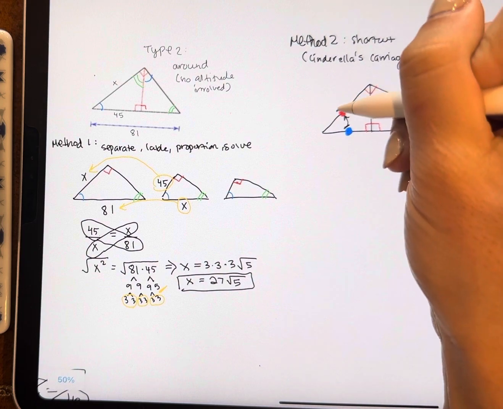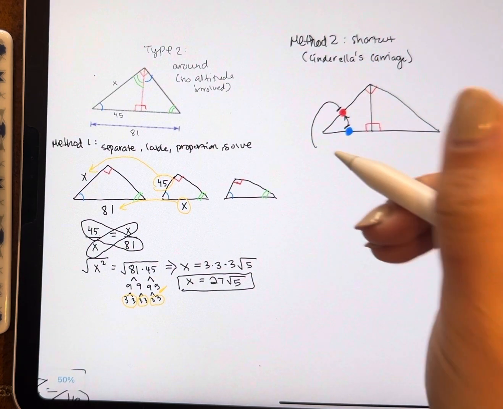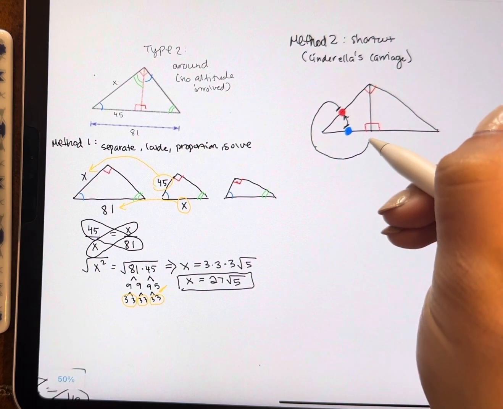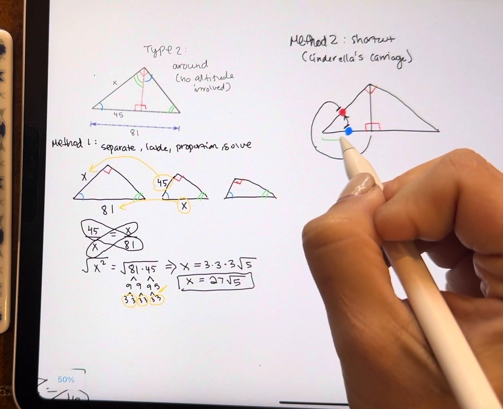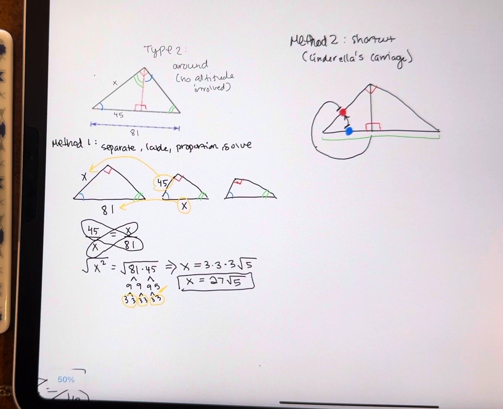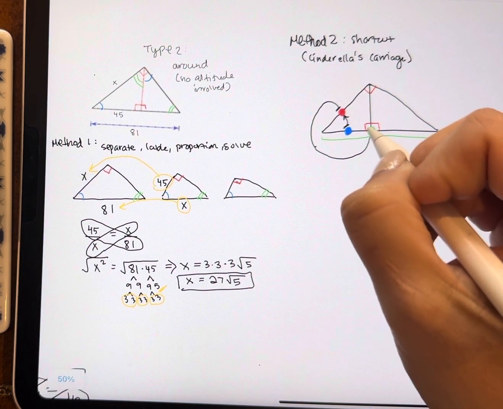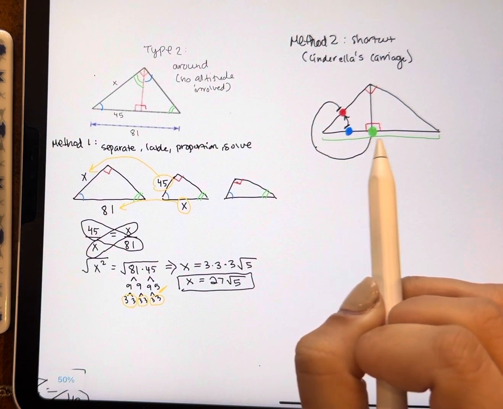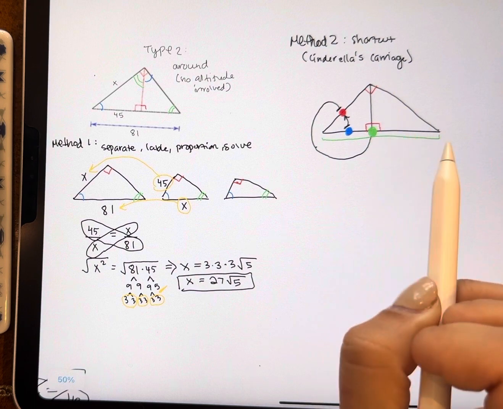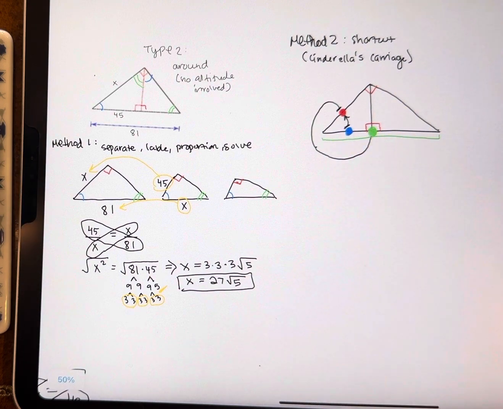So remember, these are geometric means, and that middle one will always repeat, over, now here's the tricky part, over this entire side. Okay? So I put the dot right in the middle so that I know it means this equals the whole hypotenuse of the largest triangle, not the left piece, not the right piece, but the whole thing.